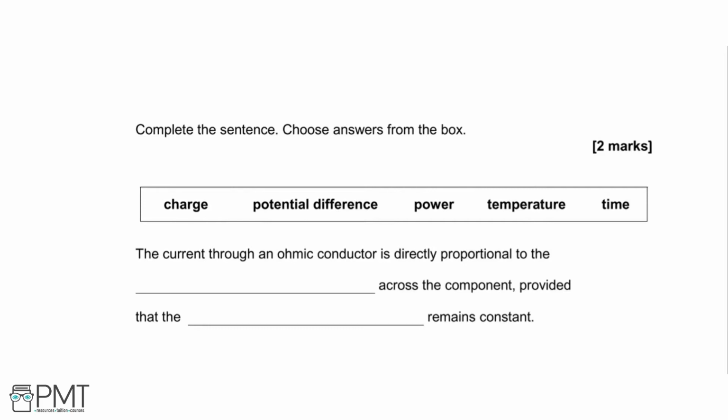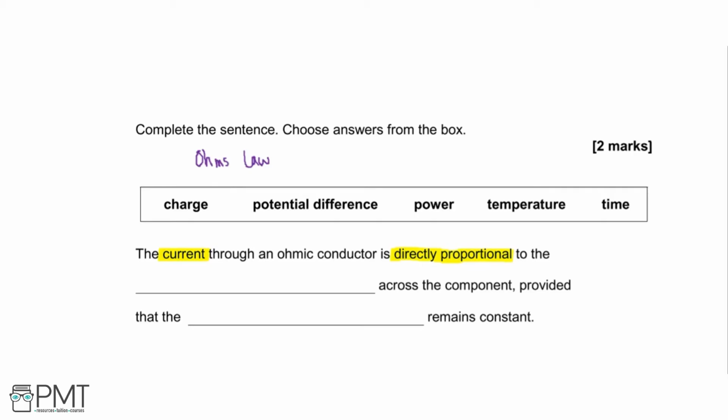Complete the sentence, choose answers from the box. The current through an ohmic conductor is directly proportional to the something across the component, provided that the something remains constant. So for the first part of this sentence, the current through an ohmic conductor is directly proportional to what? This is a question asking us about Ohm's law.